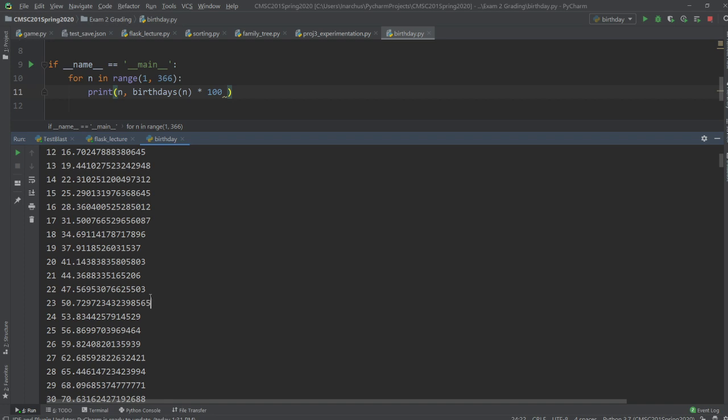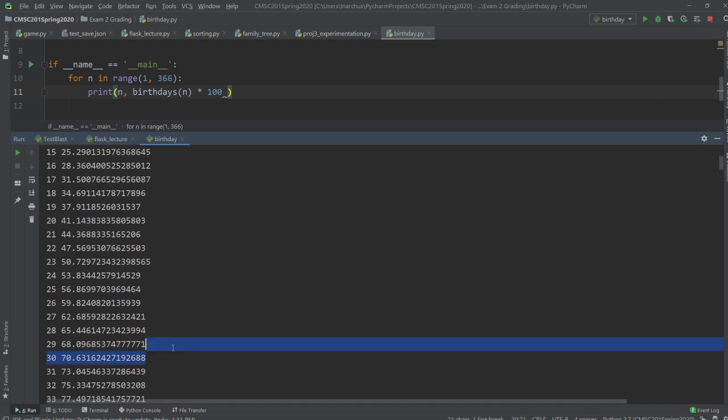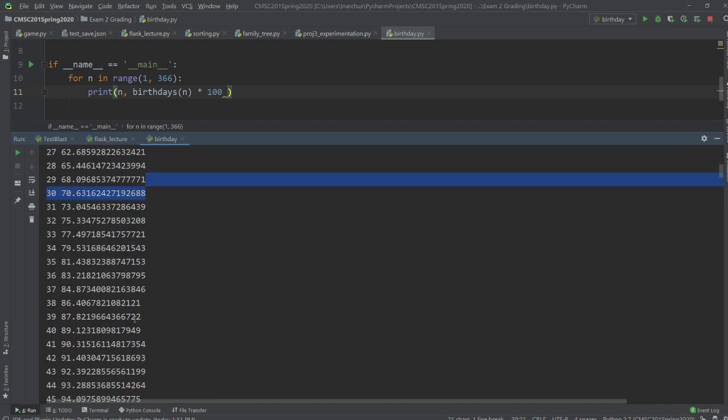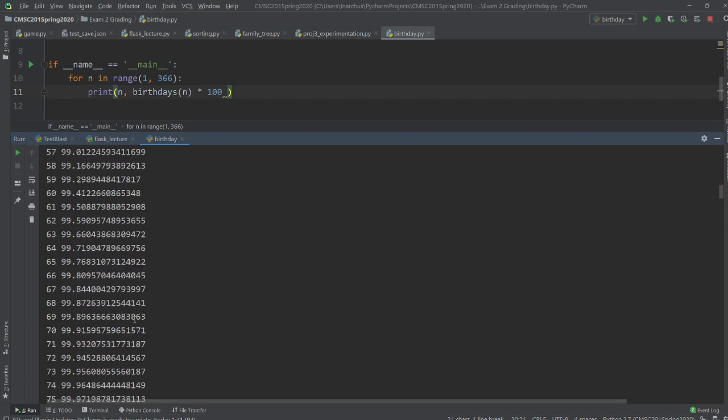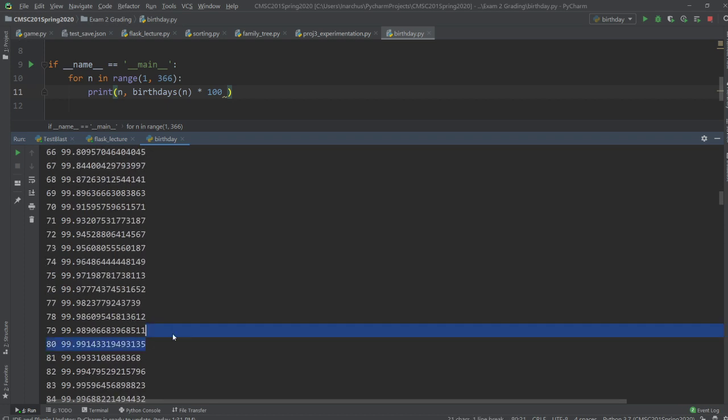But you see, this is the really cool part: if we had 30 people in here, there would be a 70% chance, right? And so that increased way faster than linearly. And as it turns out, if you scroll down just a little bit, if we had all 80 people from this class in there, there'd be a 99.99% chance.